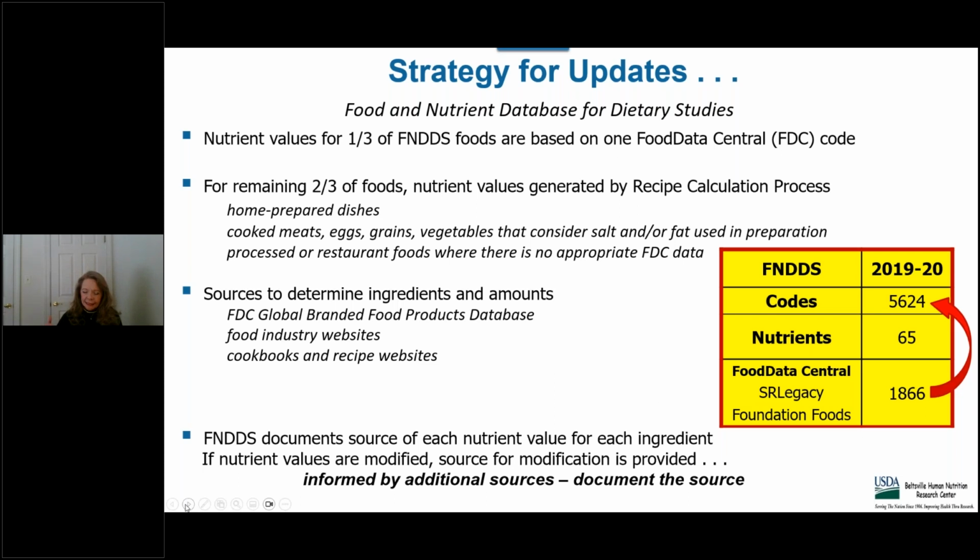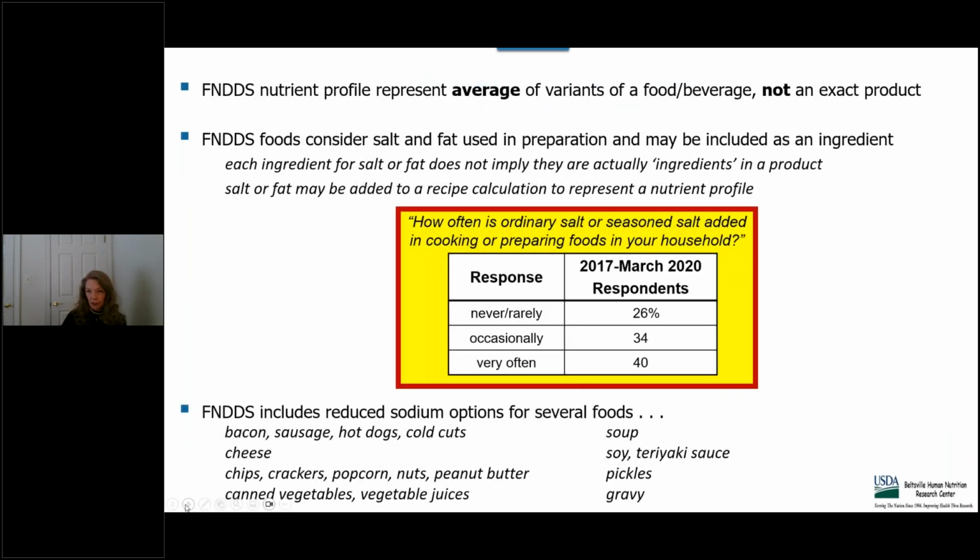So there's an extensive background of getting at these nutrient values. And that's necessary because we know these values are changing. A few other important points on this recipe calculation process. The FNDDS nutrient values represent an average of variance of a food or beverage, not an exact product.